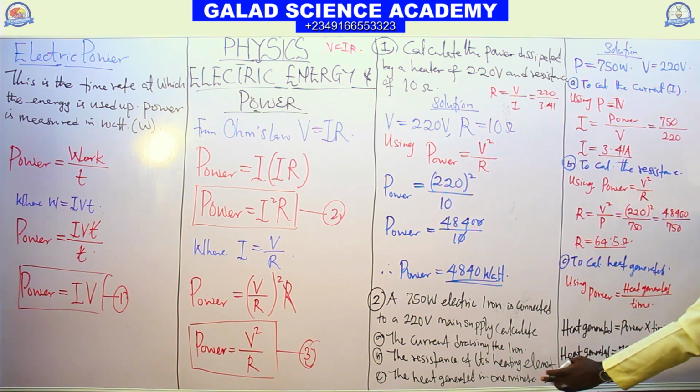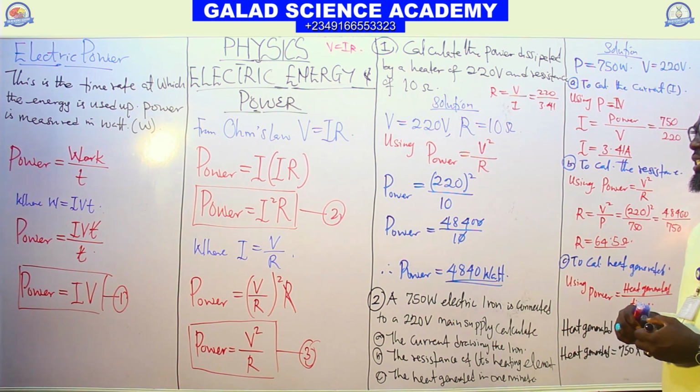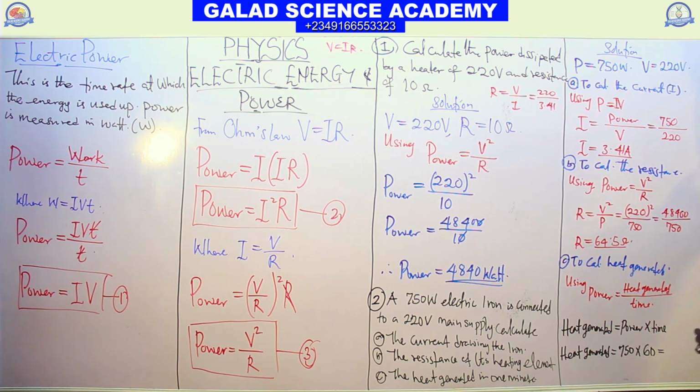What is time? 1 minute, which means 60 seconds. 750 times 60 seconds gives us 45,000 joules. Therefore, the heat generated is 45 kilojoules.